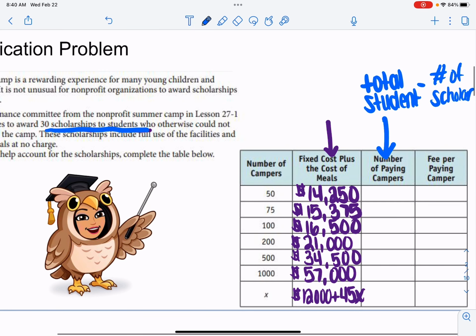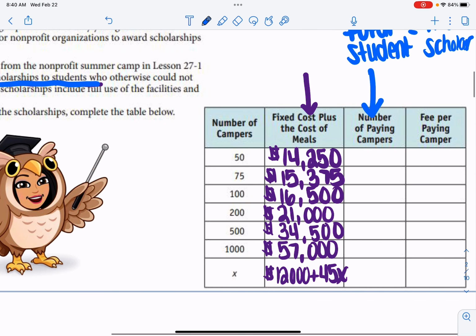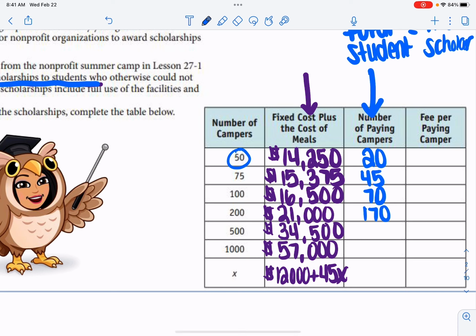So to find the number of campers, it's the total minus 30. 50 minus 30, then 75 minus 30, 45 campers who are paying. 100 minus 30 is 70. 200 minus 30 is 170. 500 minus 30 is 470, and 1,000 minus 30 is 970.